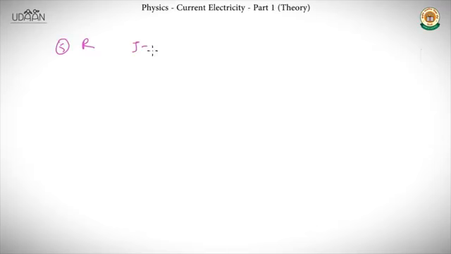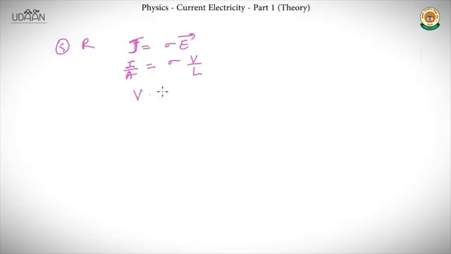Now in the last topic, conductivity and resistivity, I derived this equation J is equal to sigma E, where J is the current density, E is the electric field, and sigma is the conductivity. Now in place of J I can write I by A, which is current per unit area, and in place of E I can write V by L, which is potential per unit length.